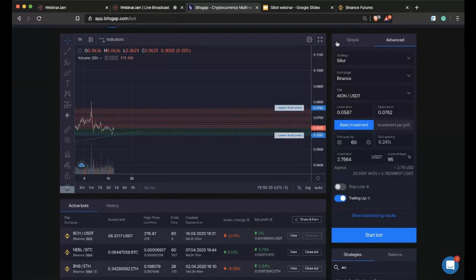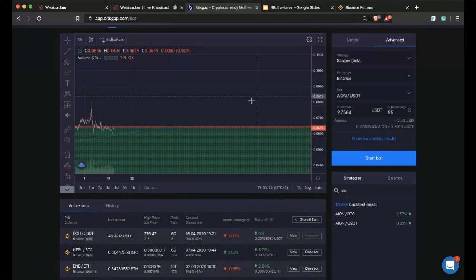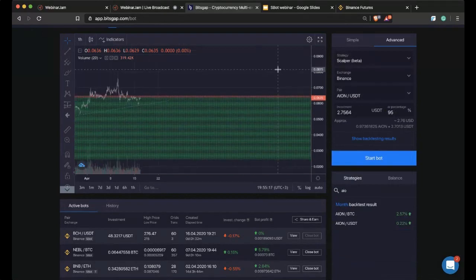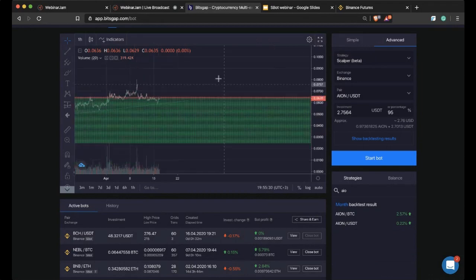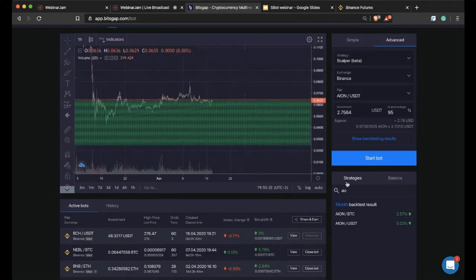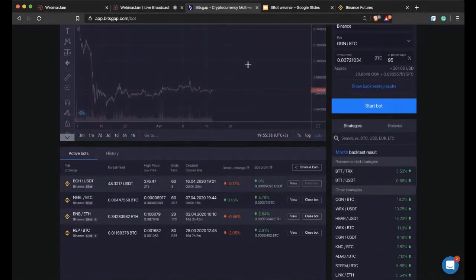So about the scalper bot, it's very new, and we are still working on its update. Right now it looks like this, so you cannot adjust your sell and buy zone. You see that some market scenarios are not optimal for the scalper, but some can be.